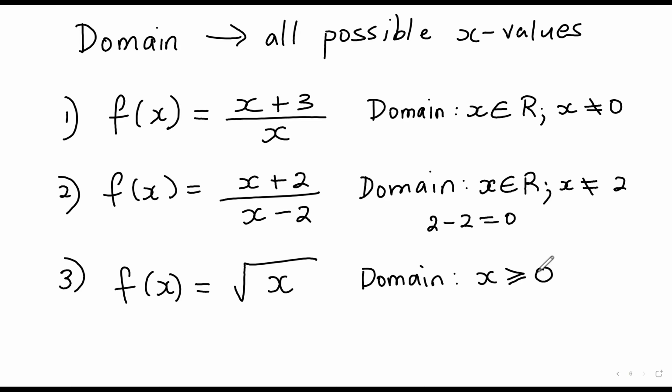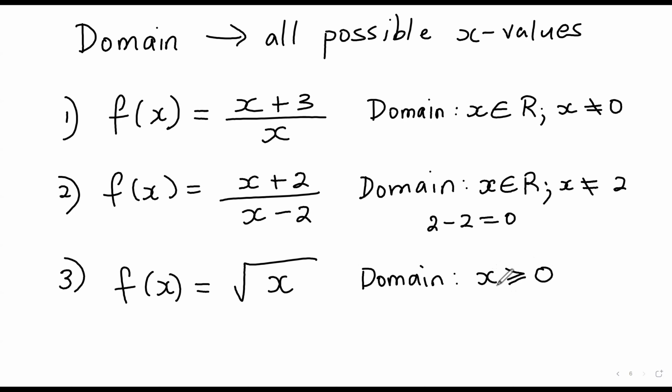But it has to do with something more, Evan, because I'm saying that x is greater than or equal to 0, which means, does that mean x belongs to positive numbers or negative numbers, Evan? Positive. It's all positive. So why? Can you take the square root of a negative number?